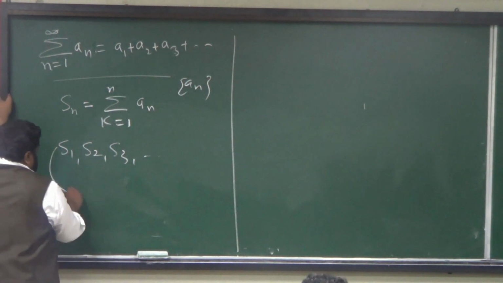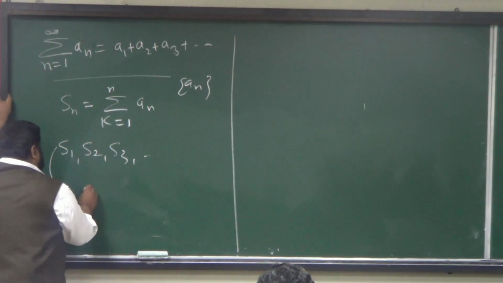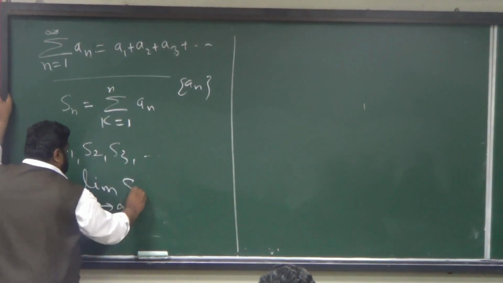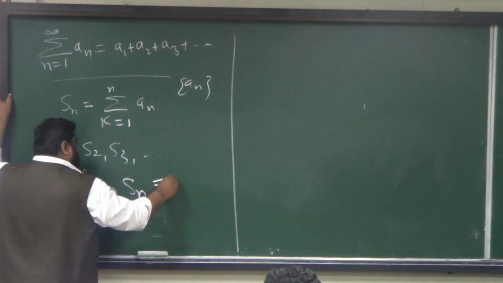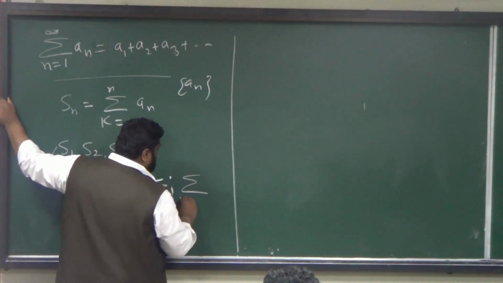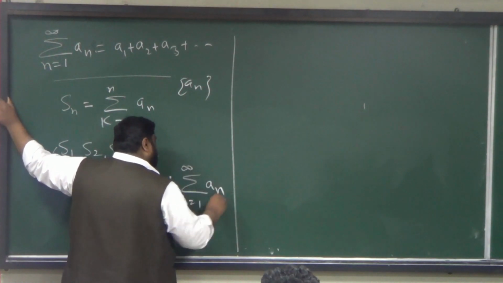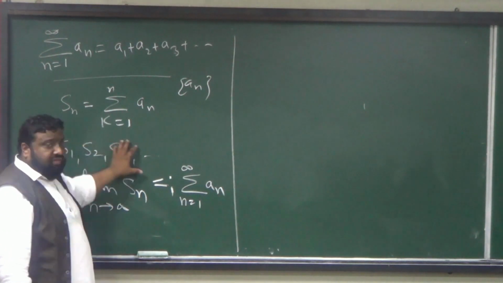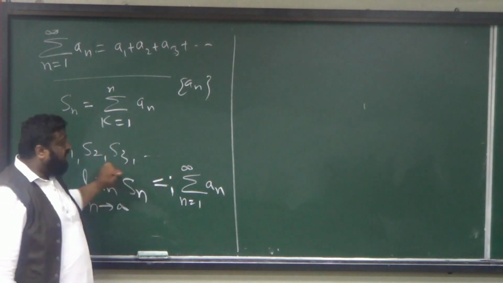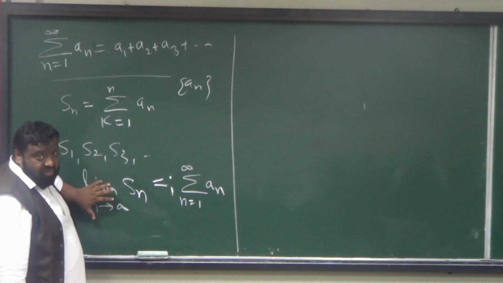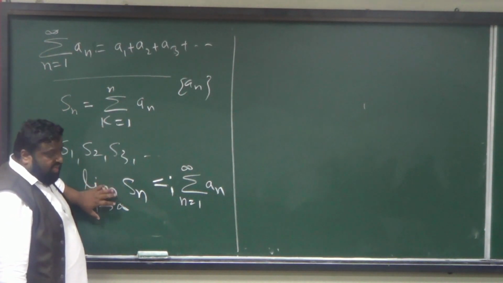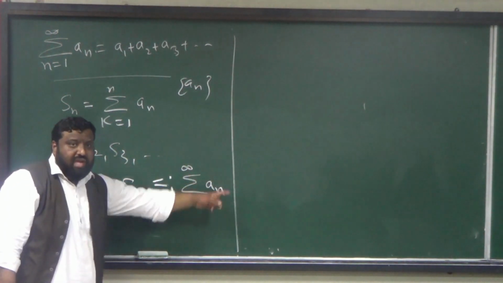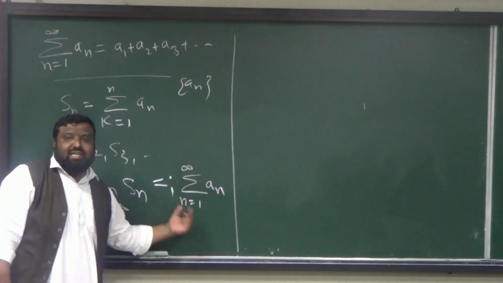And if this sequence has a limit as n goes to infinity, I give that limit a name, the sum from n equals 1 to infinity of An. Getting the point? We know what this sequence means, and we know the meaning of the limit of the sequence. So whatever the limit of this sequence is, we name it by this symbol, and we call that an infinite series.